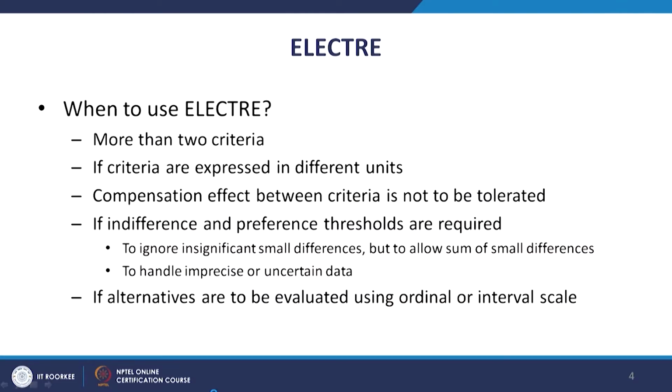First, if there are more than two criteria, then of course we can use ELECTRE. Second, if the criteria are expressed in different units, so one criterion is measured in duration, another in some other unit like weight, another in meters or centimeters.